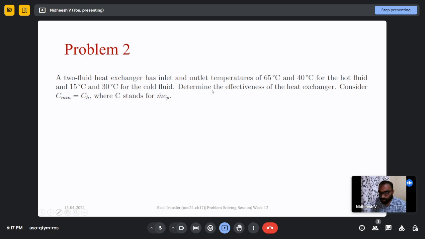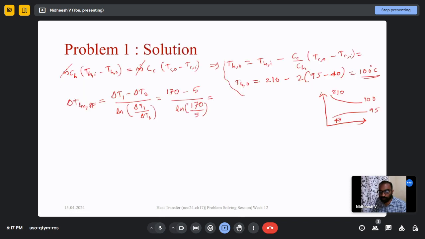Let's evaluate that expression. (170 minus 5) divided by ln of 170 by 5. We are getting a value of 46.79.